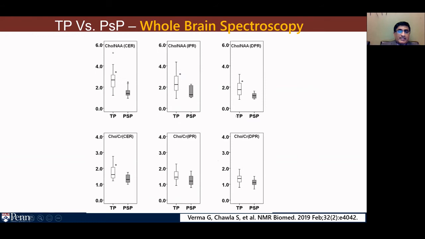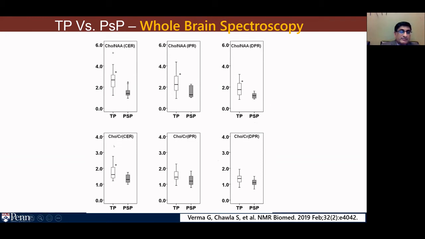So when we combine the different data together, and these are the box whisker plots again, we observed significantly higher choline to NAA ratio in TP from the contrast enhancing region, from the immediate peritumor region, and from the distal peritumor region. Even from the contrast enhancing region and the peritumor region, there were higher contents of choline to NAA ratio in TP compared to PSP.